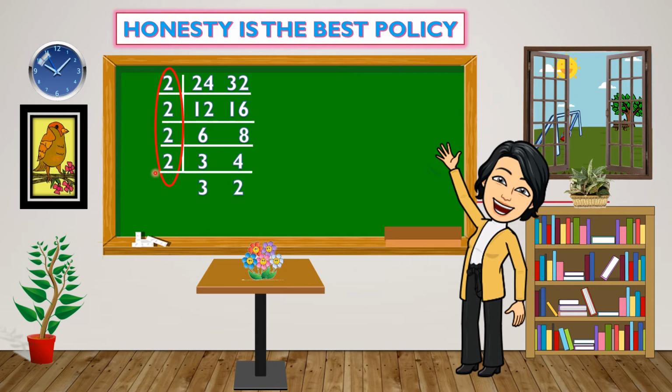So in LCM, we are going to use all the prime factors of 24 and 32. So that is 2, 2, 2, 2, and we will use also these numbers 3 and 2. Those are the prime factors of 24 and 32.